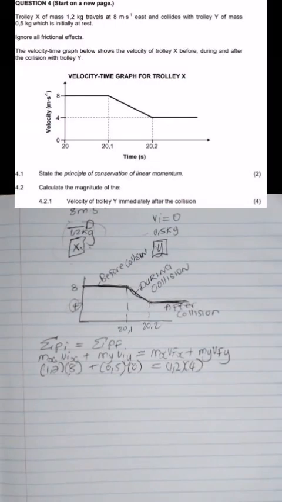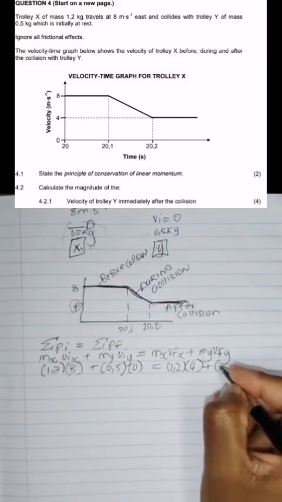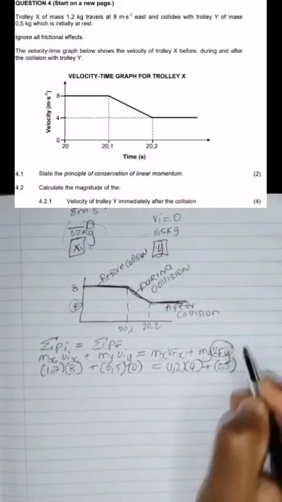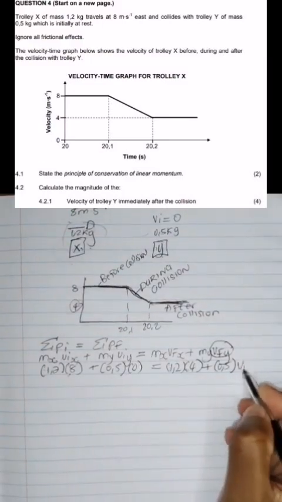The mass of Y is 0.5, and we are looking for the velocity of Y immediately after collision, so this one is unknown.